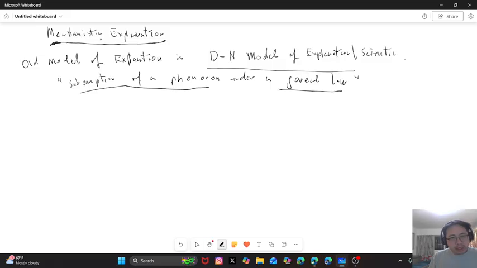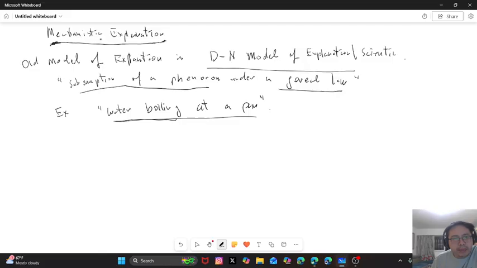For example, consider how we explain water boiling in a pan, like everyone that's cooking. You can boil water in a pan, right? If we want to explain that, how do we explain the boiling of water in a pan? First I have to figure out what the general law is.